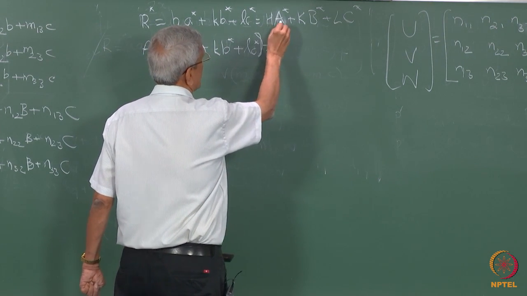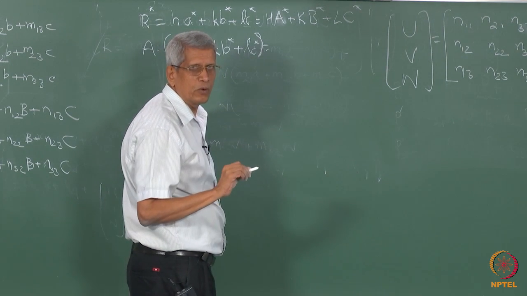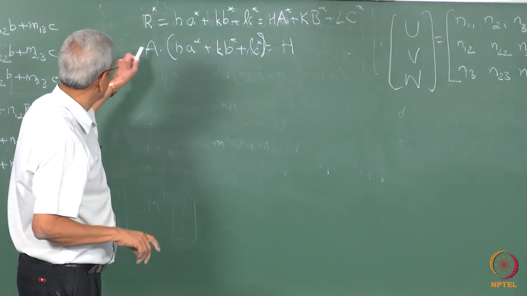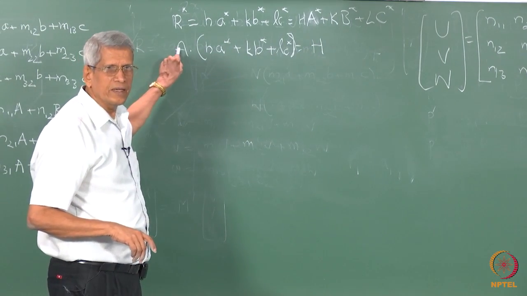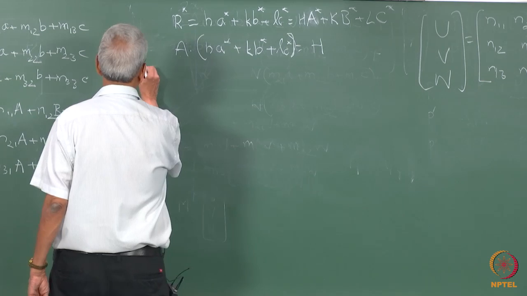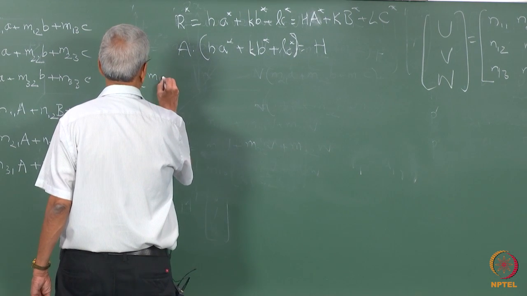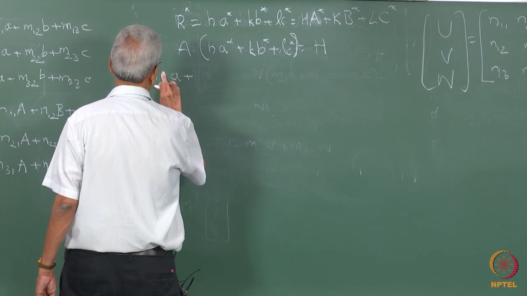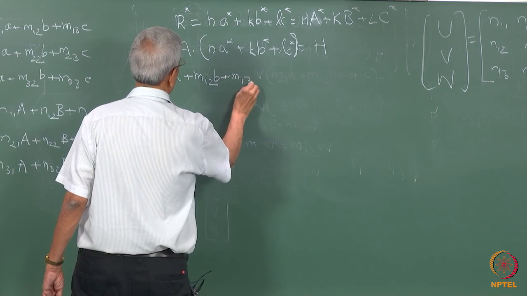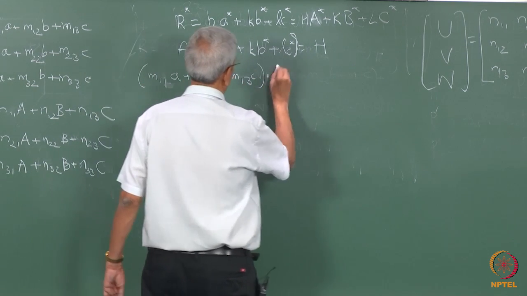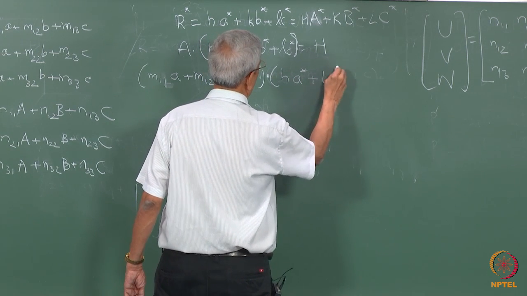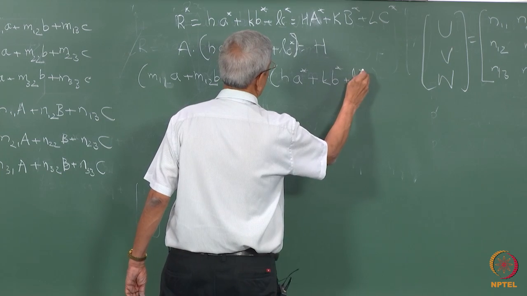Taking this on this side, A dot A star is going to be equal to 1, the others will be 0, so this will turn out to be H, correct? Here we can represent A in terms of the whole coordinate system, the value which we have. So this will turn out to be M11 into A, M12 into B, M13 into C, dot the star vectors.